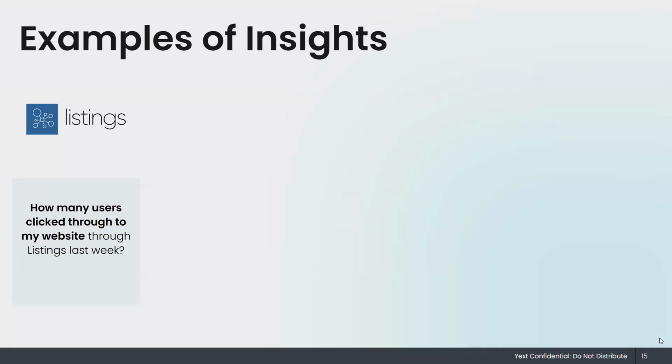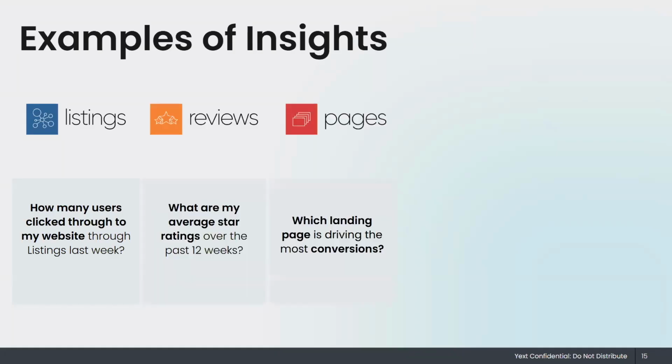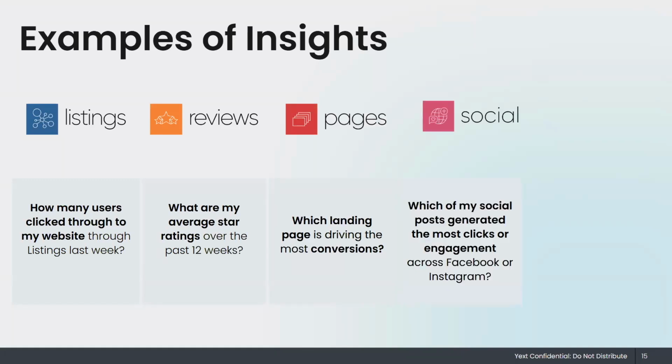For pages, you could track which landing page drives the most conversions, for example, order now or book a table. And for social, you will be able to understand how people engage with your posts. So are they engaging, with how many clicks? How are they interacting? Are they commenting?